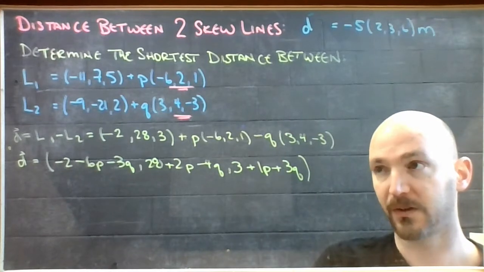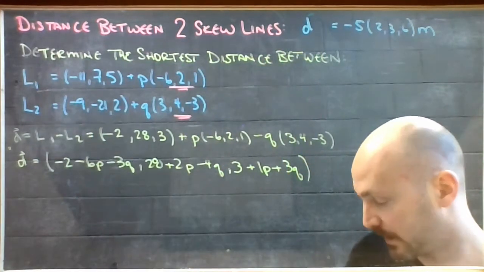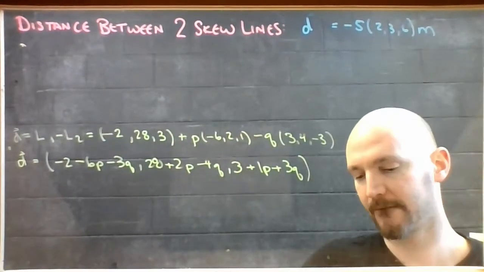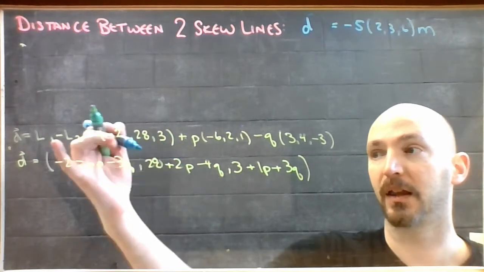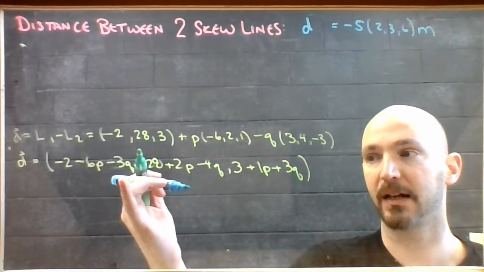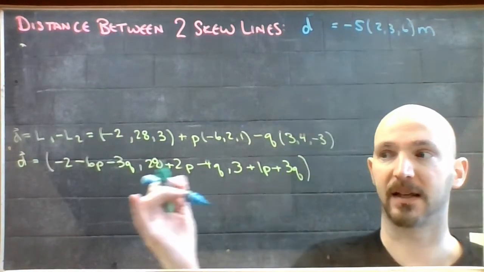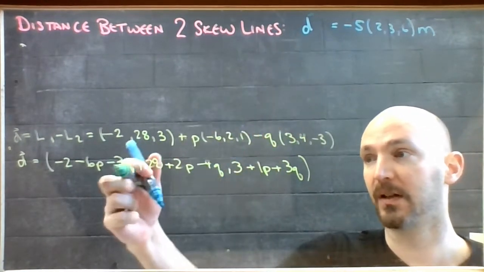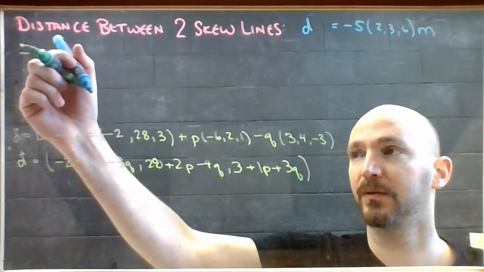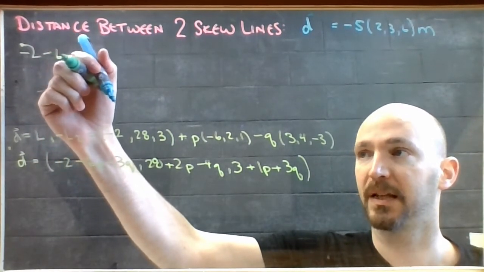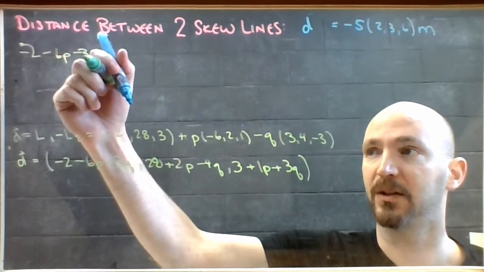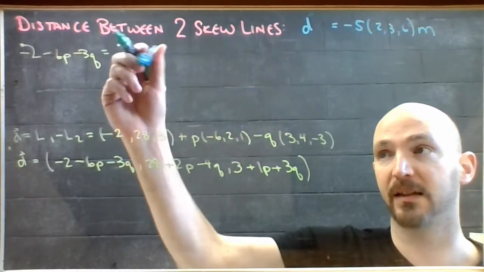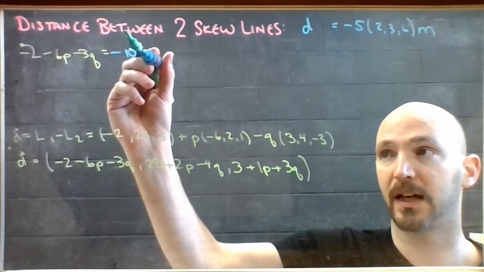So I'm going to erase this because I'm going to need a lot of space, and I'm going to actually connect those things. Alright, so if I look at this vector, if I equate this to this, then my x-coordinates of this version have to match my x-coordinates of that one. So -2 minus 6p minus 3q has to match -5 times 2 is -10 m's.